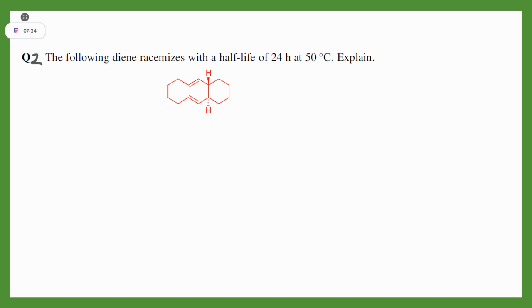Now, what is happening in this reaction is that we know pericyclic reactions are reversible. Yes or no? Before that, let's see. This is your one, two, three, one, two, three. Correct? Okay. Now, if I draw this system, let me draw it in chair form.